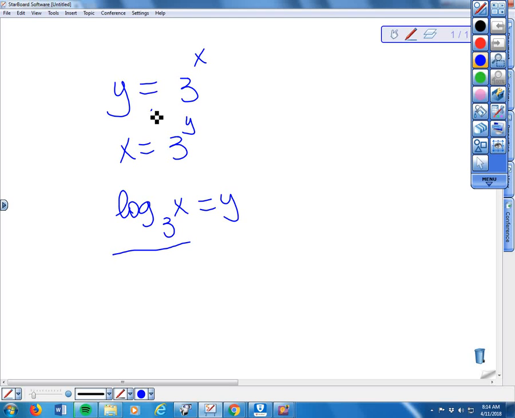Okay? For me, the way I like to graph logarithmic functions, it seems like a roundabout way to do it, but it's much easier, in my opinion, to do it this way than it is to try and get a table of values using the logarithmic function. What I do is I put a table of values in for this, and then I just switch x and y.